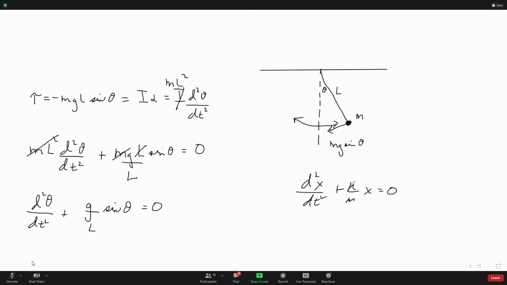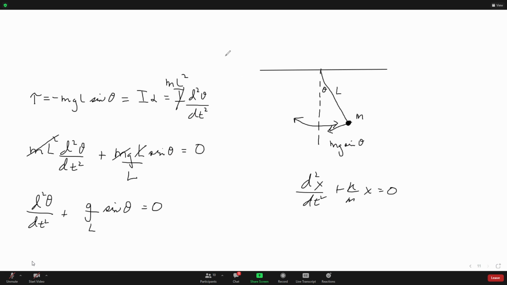There's no difference, and the k over m versus g over L. They're of the same exact form, except what? That sine theta is limited. That's right. There's a sine theta here instead of a theta. So this equation is sometimes referred to as the mathematical pendulum.